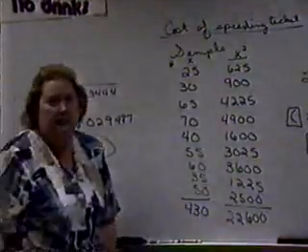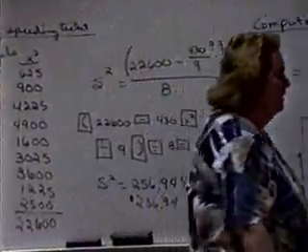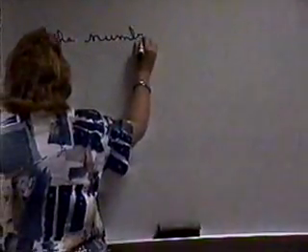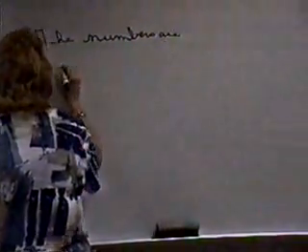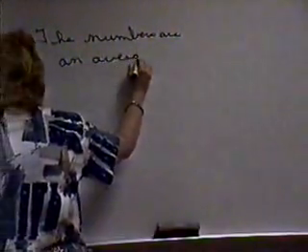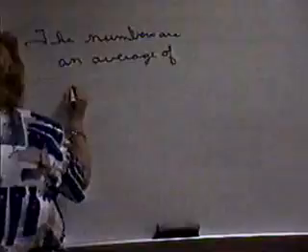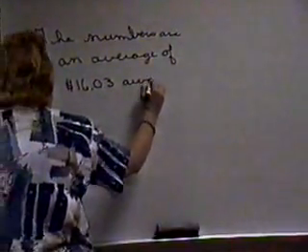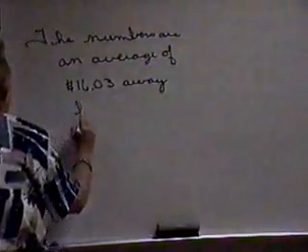And after we find it, the next step is to always interpret it. The standard deviation is $16.03. We say the numbers are an average of $16.03 away from the mean.